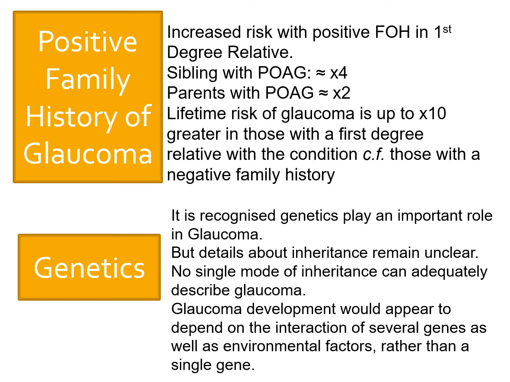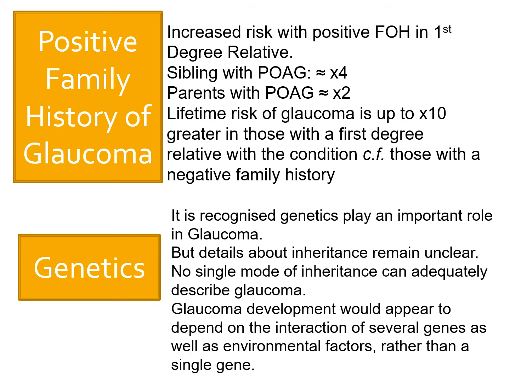A positive family history is huge. If it's a first degree relative, so if it's a sibling, you are 4 times more likely to develop glaucoma than a non-glaucomatous person, and if it's a parent, it's 2 times.